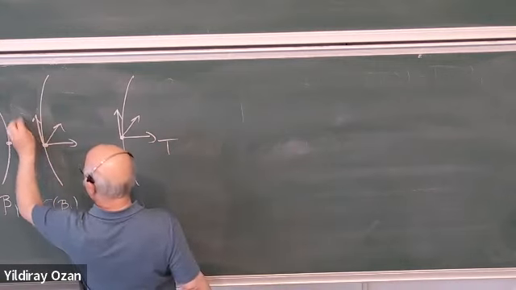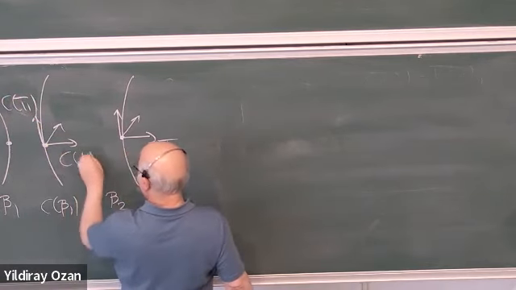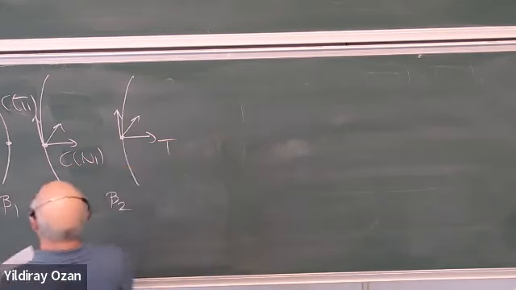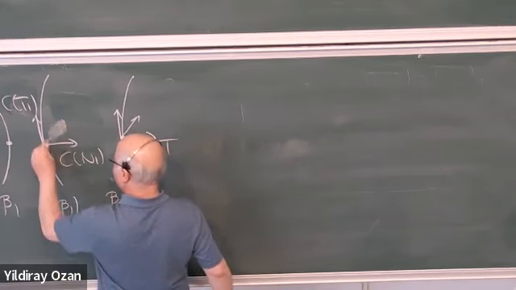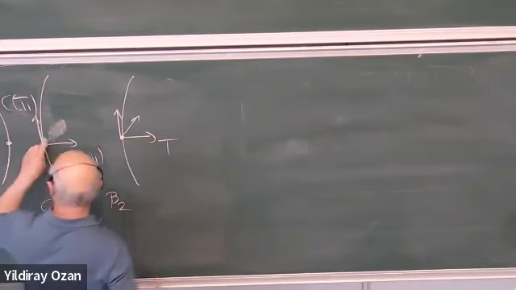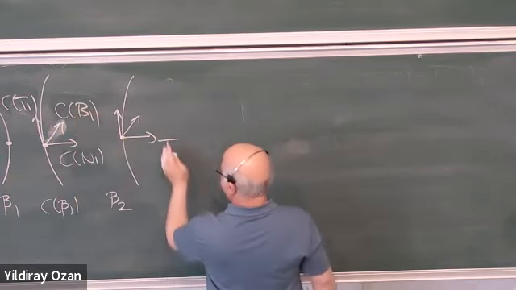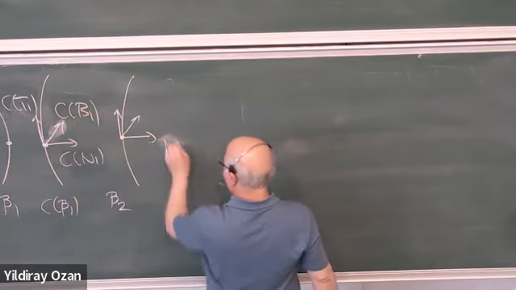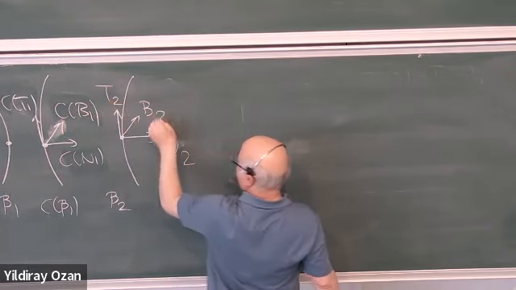This is C of T1, C of N1, B of N1, T, B1, and this is N2, T2, and B2.